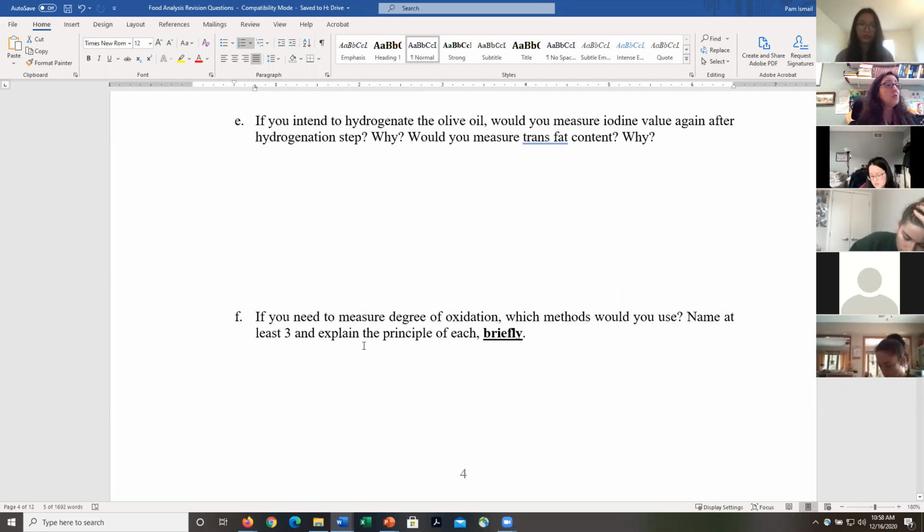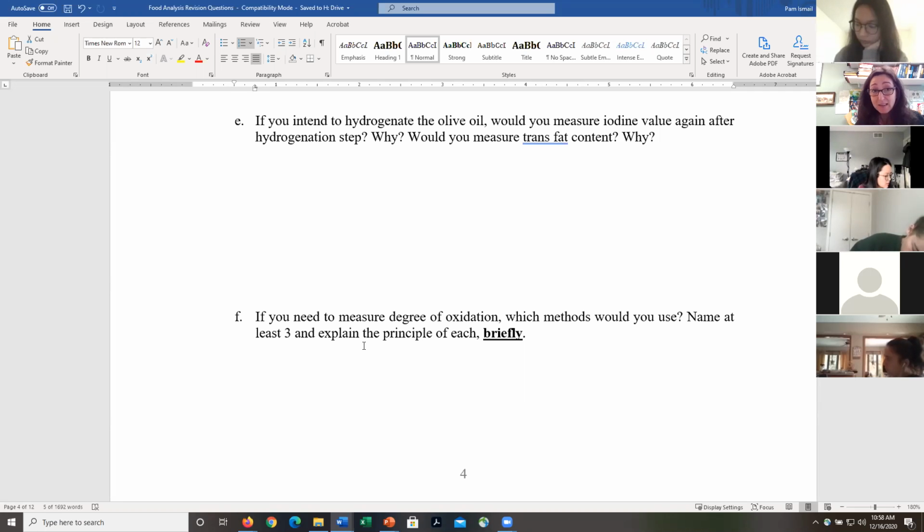So if you need to measure degree of oxidation, which method would you use? Name at least 3 and explain the principle of each. I'm not going to ask you for 3 really, I just want to make sure that you study at least 3. But in this case, you can say, I can measure peroxide value for primary oxidation.